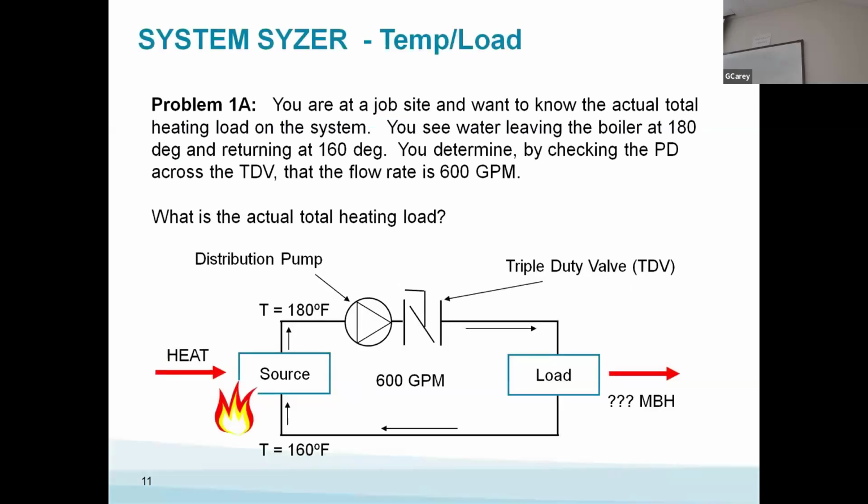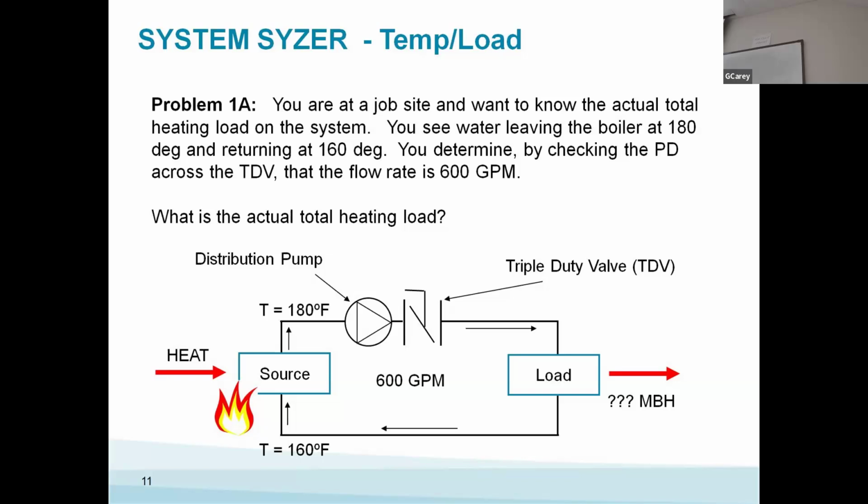One last thing on scale 1, and this is where, sitting in your office designing a job, it's probably not that important. Out in the field, maybe troubleshooting or helping someone troubleshoot, looking at a problem, you want to know what's going on. What's the actual load happening at this moment while I'm looking at gauges and temperature readings?